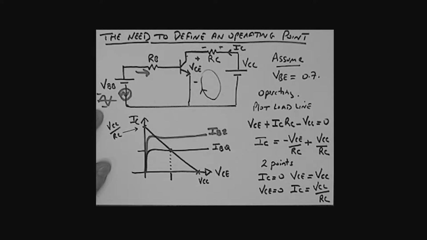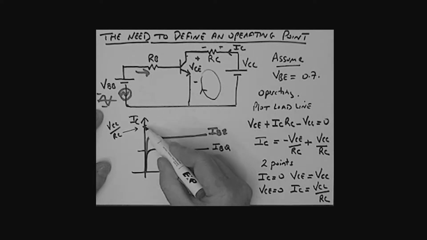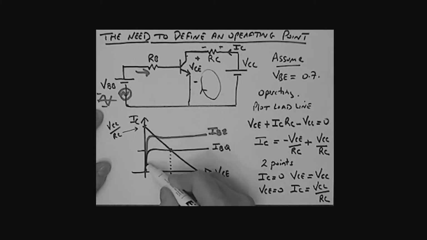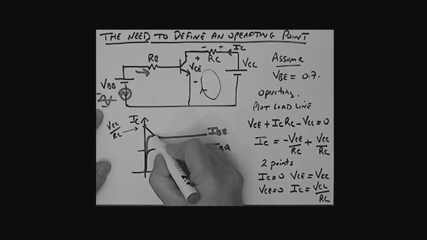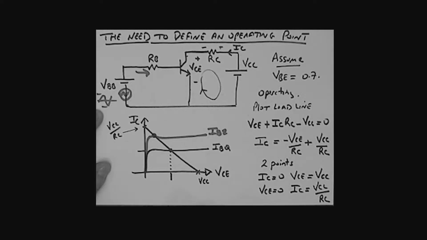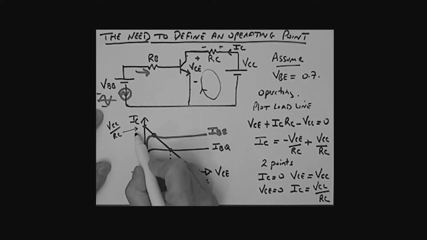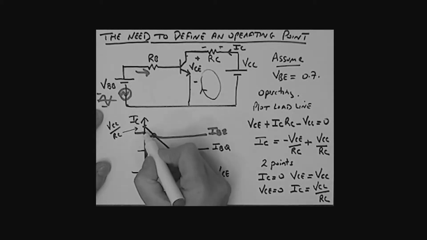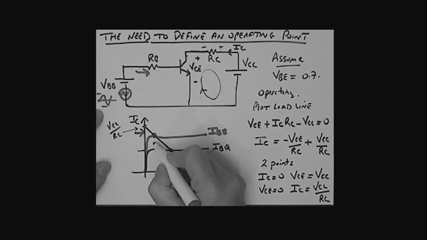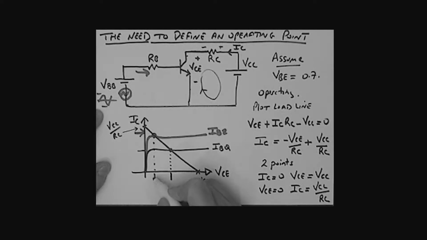What has that done? It means our new operating point is still the intersection of the load line and the characteristic curve we're on. We're now on this one here, and so the operating point has moved to that point right there. And that corresponds to that collector current, and that corresponds to that collector emitter voltage.